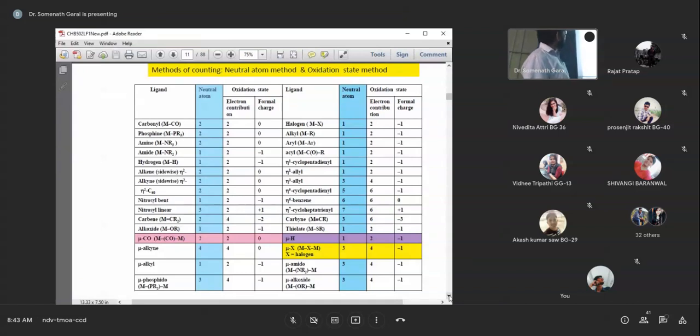Then phosphine, 2 electrons, amines, 2 electrons. So all the neutral ligands normally donate 2 electrons, except for example nitrosyl. If it is linear, then nitrosyl will donate 3 electrons. If it is bent, then nitrosyl will donate 1 electron. You have to remember these numbers, how many electrons will be coming from a particular ligand.